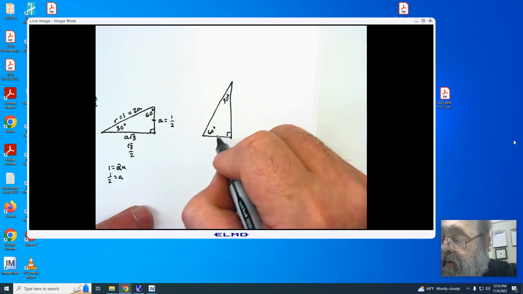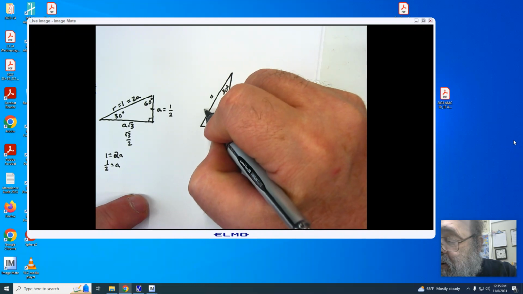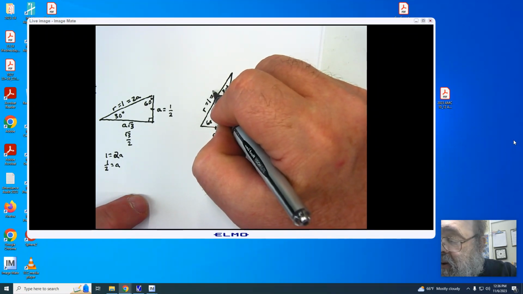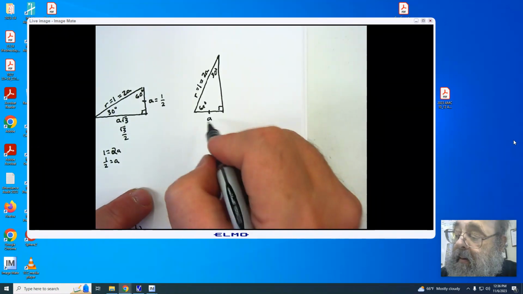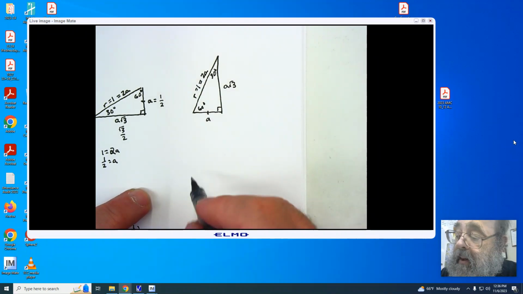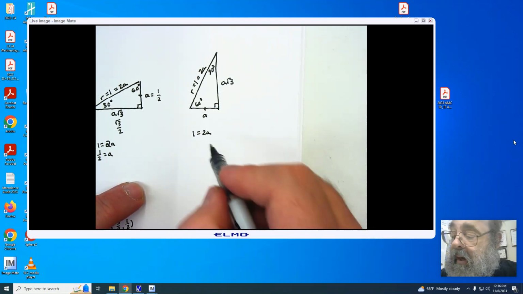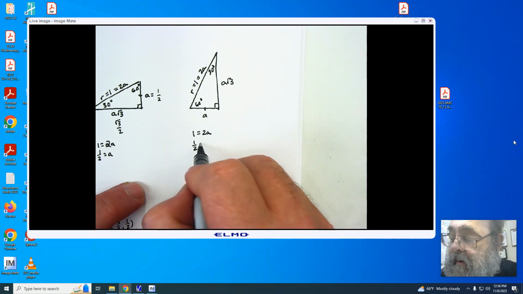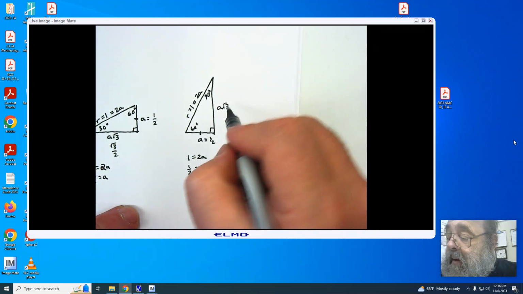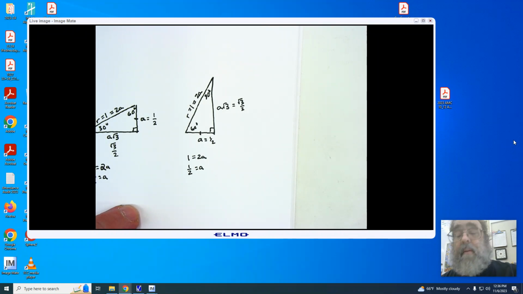We're looking at, therefore, this length being a, and our hypotenuse, which is the radius of our circle with a unit of 1, is 2a, and our height is therefore a root 3. Since we have 1 equaling 2a again, we can clearly see that 1/2 is equal to a. That's now my length, and my height is root 3 over 2 when I multiply.